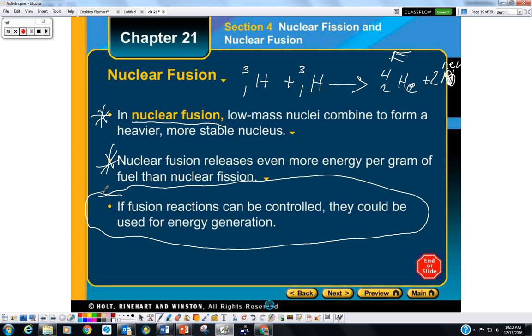The problem is that fusion reactions require a great deal of heat and pressure, and as it stands right now, we don't know how we could cause a controlled fusion reaction to happen and contain it. We can't contain it. We can blow stuff up with it. Pretty good at that.